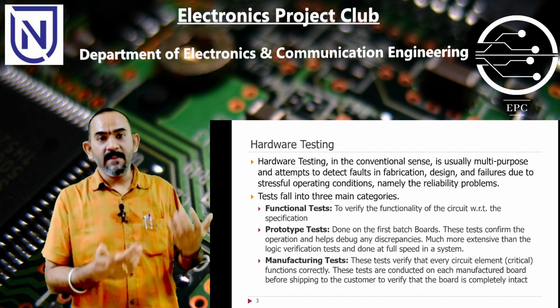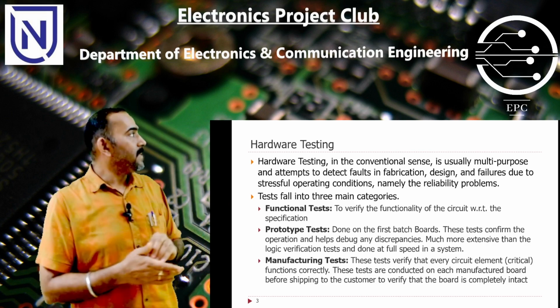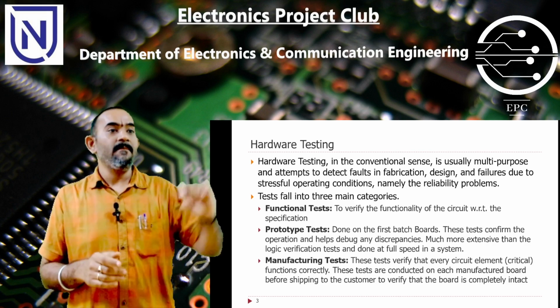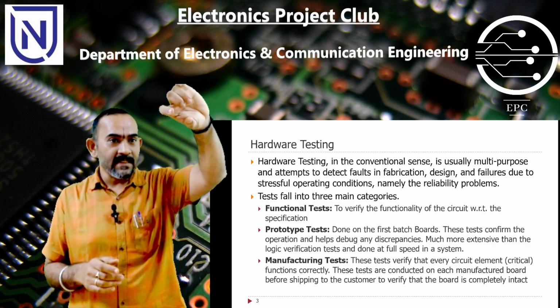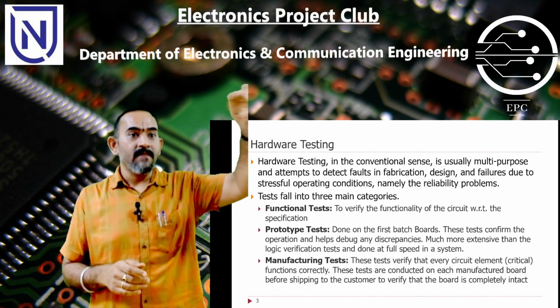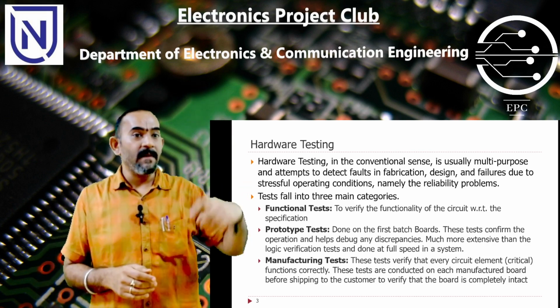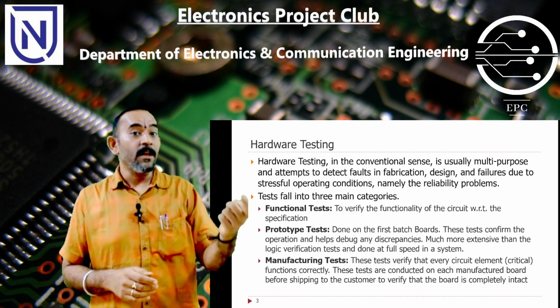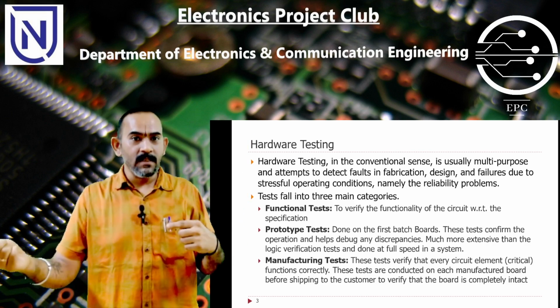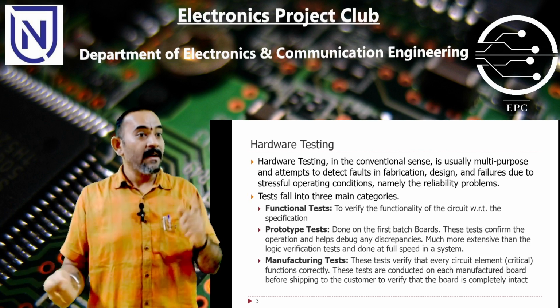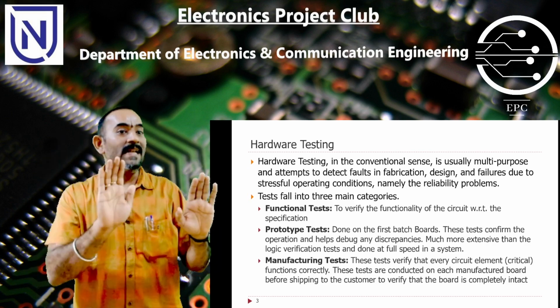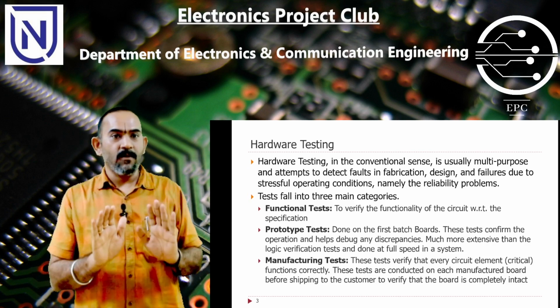It may be that in the design I am expecting a 1k resistor there, but when I fabricate the device and it comes back, I have a 10k resistor there. That is also a defect. It may not cause a large fault or failure, but it is still a defect. A defect is anything apart from your intended design.